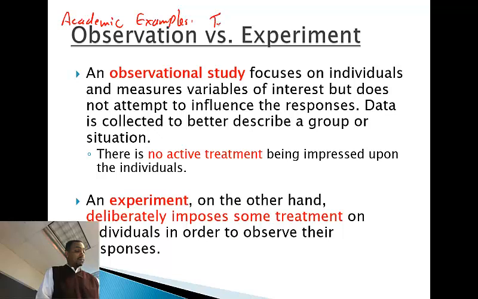An academic example would be if someone was to try to observe my teaching with some feedback from me. They come in the classroom, sit in the back, take notes, that kind of thing. That would be an observational study.